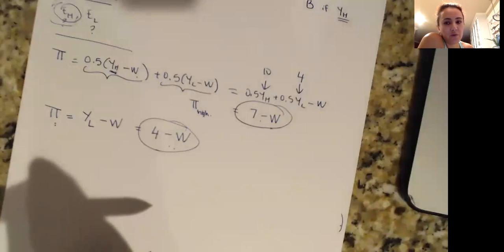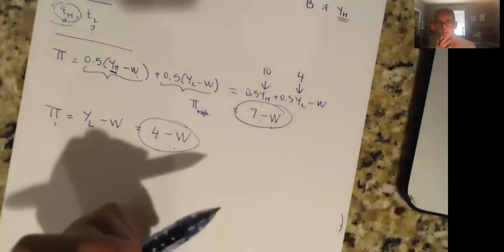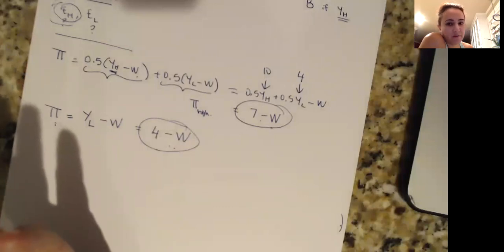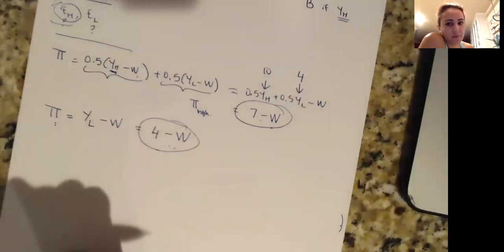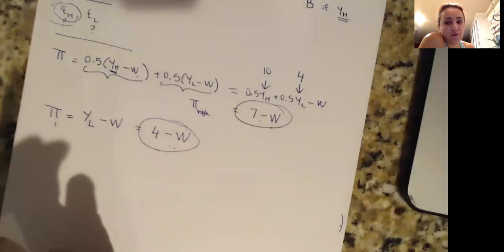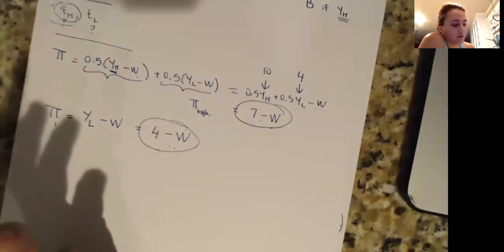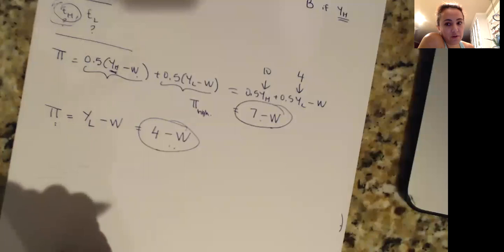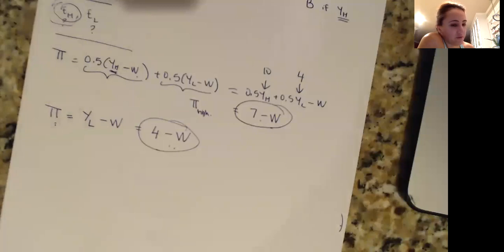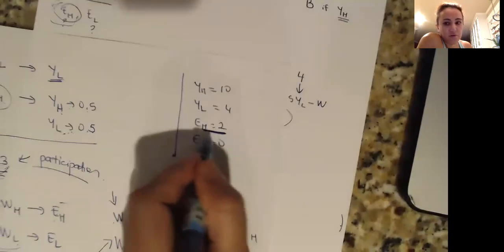Show high effort or low effort? High effort? Okay. If I show high effort, how much am I paid? I'm paid W. If I show low effort, how much am I paid? Again, W, right? And there's a cost of showing high effort. So if I'm paid exactly the same, why would I show high effort? Remember, high effort costs $2.